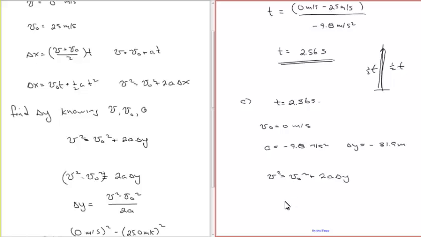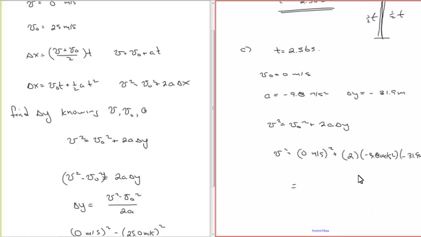And so we can solve for v squared is equal to v0 squared, which is 0 meters per second, plus 2 times the acceleration, which is negative 9.8 meters per second squared, times delta y, which is negative 31.9 meters.